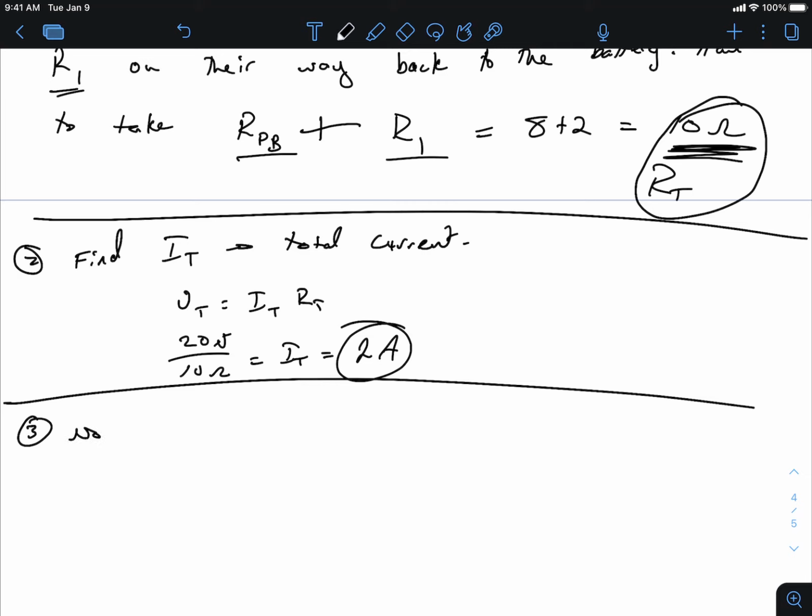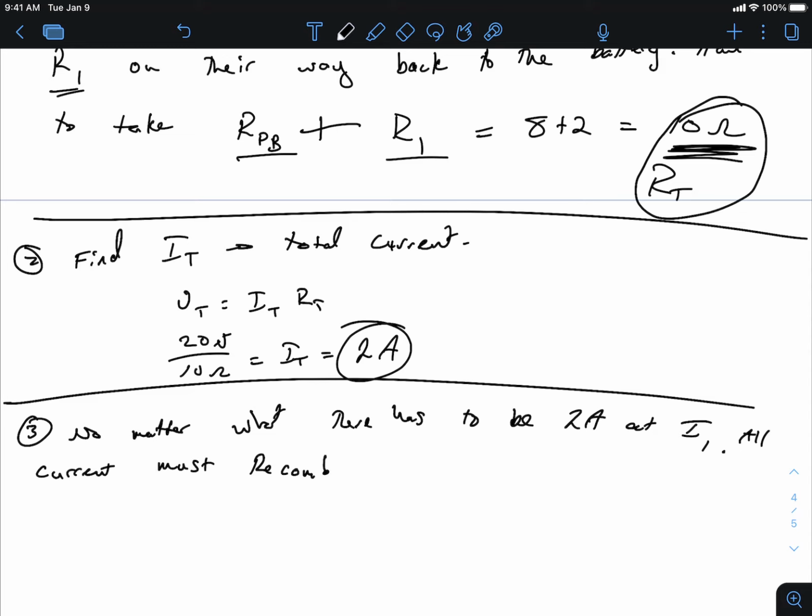So no matter what, there has to be 2 amps at I1. All current must recombine before going back to the battery.